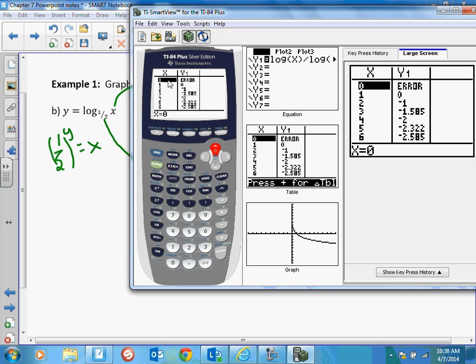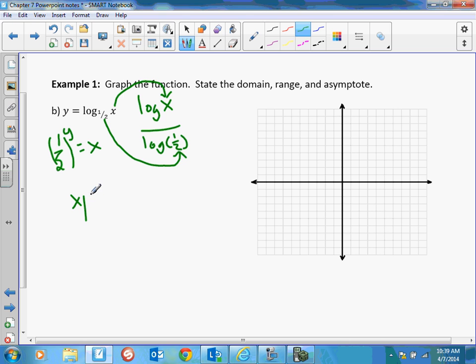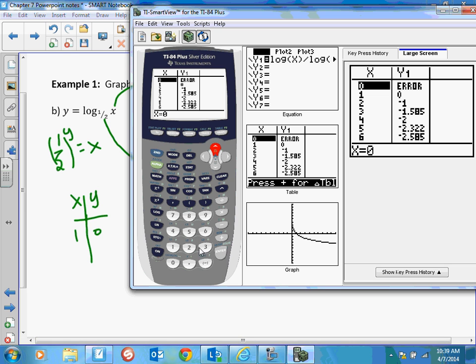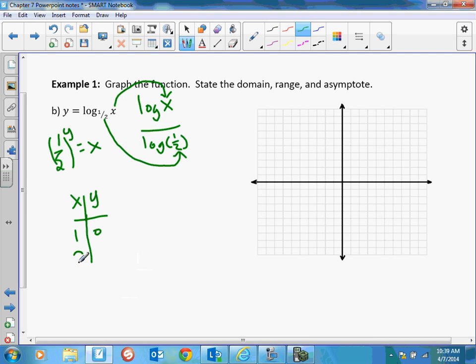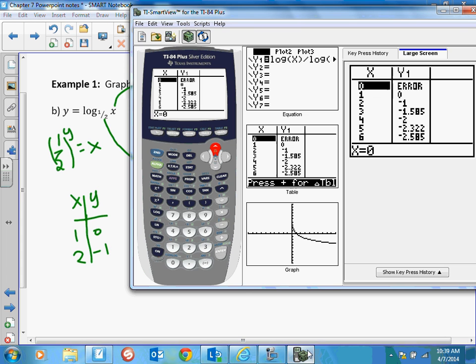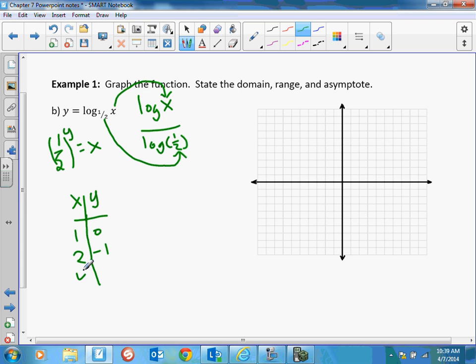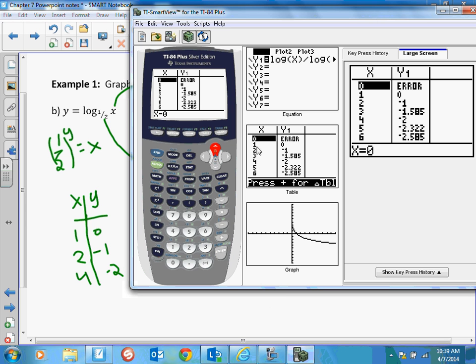Obviously 0 is our asymptote, but there are some other numbers we can use, like (1, 0), (2, -1), (4, -2), and what else?